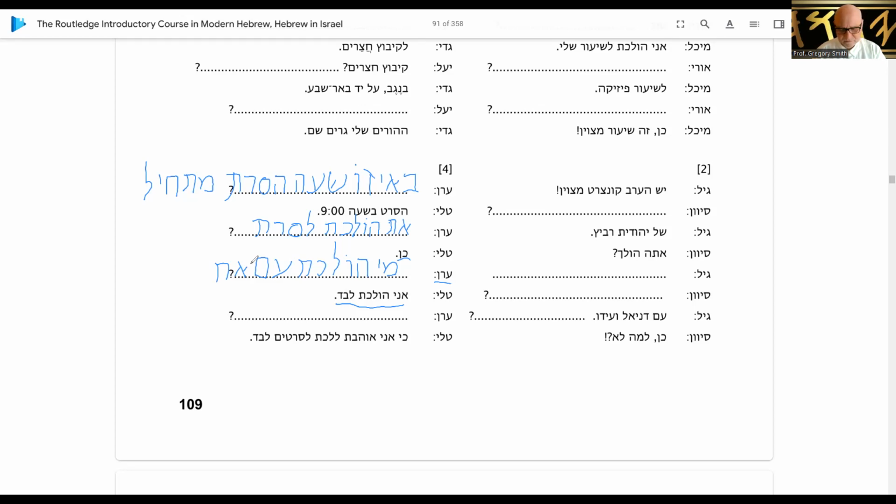Oh, it's got to be with you. Who is going? I thought it was im. There we go. At. Who goes with you? Who is going with you? Miholeket im at. And this is not an aleph, it's got to be an ayin. Oh yeah, I got that ayin on there. So it's like with.